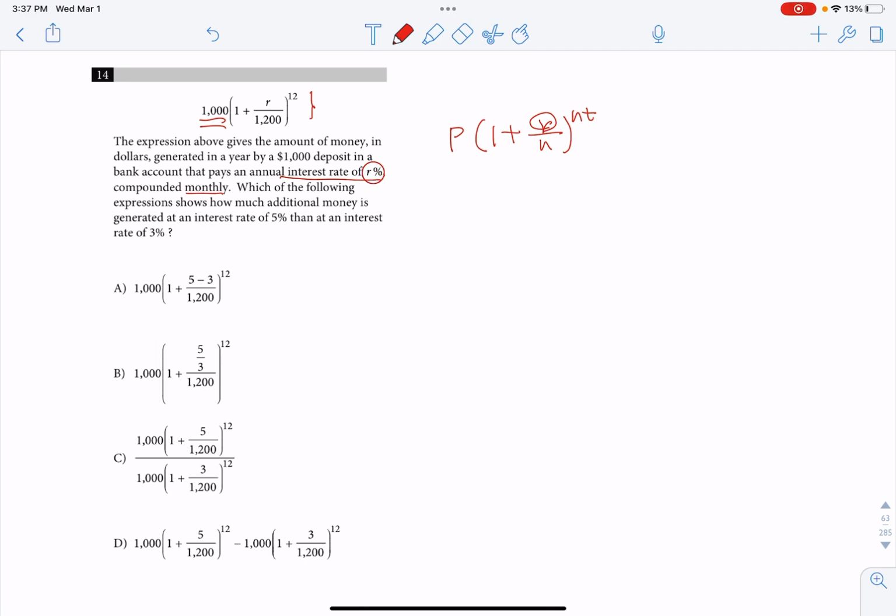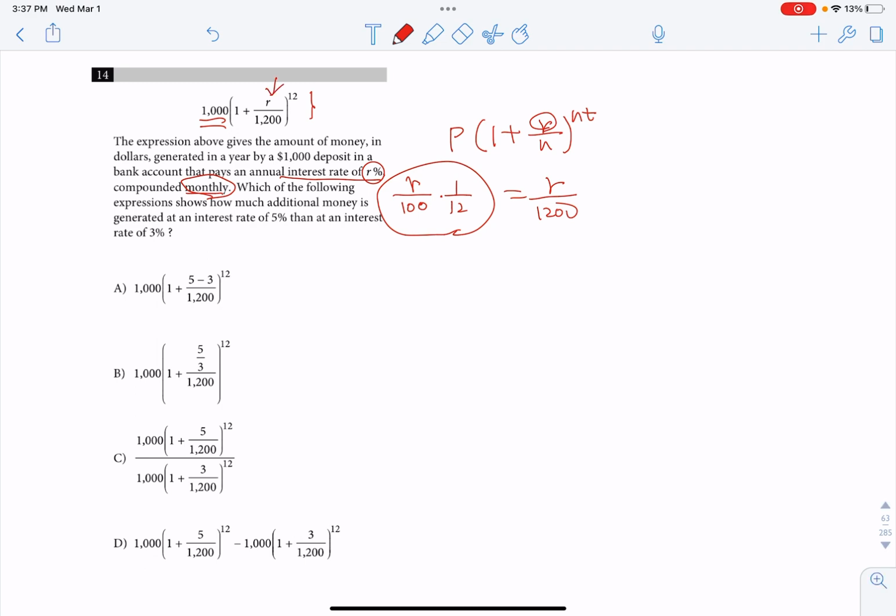R% usually you have to express as a decimal. So decimal means as a fraction first, r over 100, and then times by 1 over n. And since they say monthly, n is 12. That's how they got r over 1200 in the place of here.